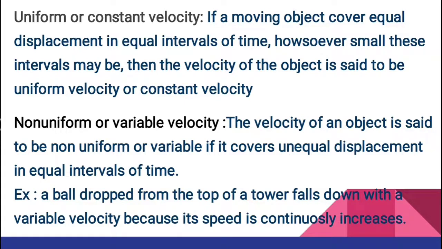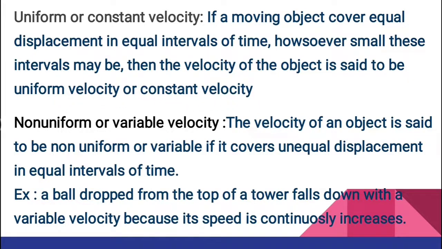Now we have to understand two terms, uniform velocity and non-uniform velocity. If a moving object covers equal displacement in equal intervals of time, no matter how small these intervals may be, then the velocity of the object is said to be uniform velocity or constant velocity.